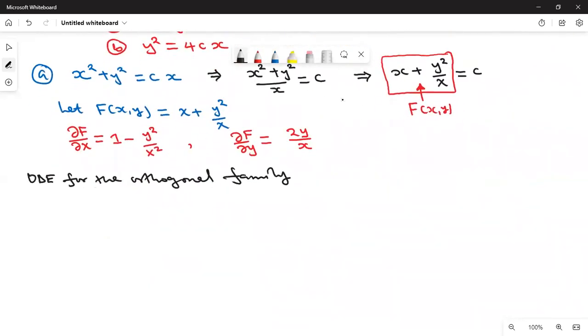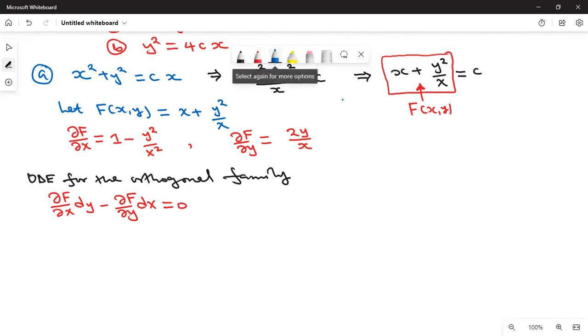So it is partial f with respect to x dy minus partial f with respect to y dx is equal to 0. That is the ODE that we need to solve to get the orthogonal trajectories.